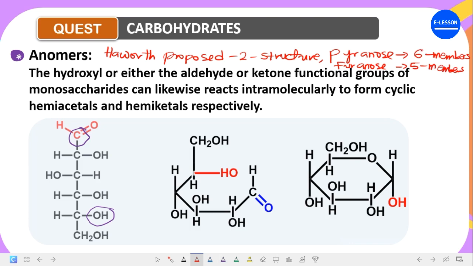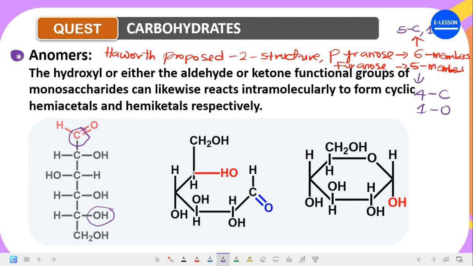Now, when you talk about 6 members, out of these 6 members, 5 are carbon and 1 is oxygen. Out of these 5 members, 4 are carbon and 1 is oxygen. So please take note of this. For the 6-membered ring, what is it called?